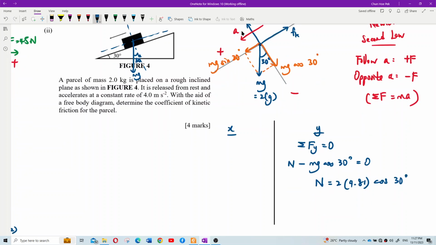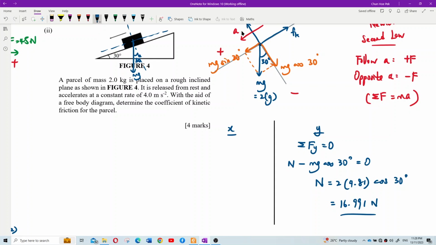So I get 9.81 cos 30, and my normal force is 16.991 Newton.